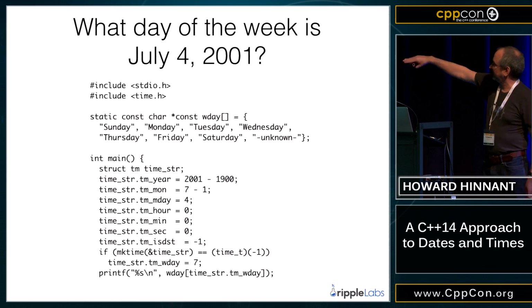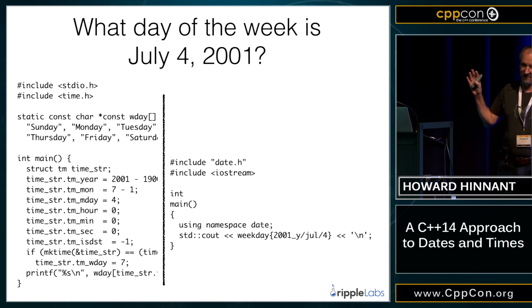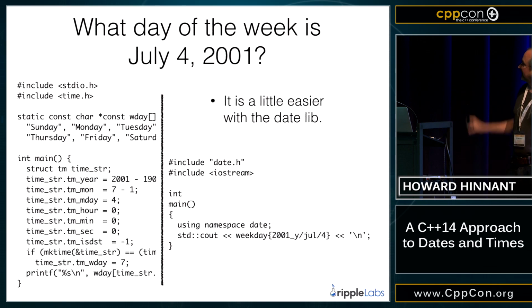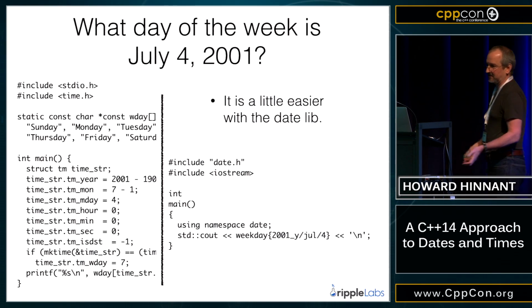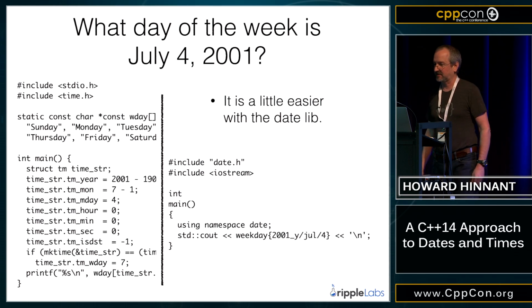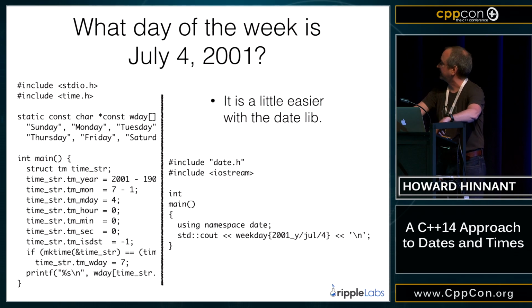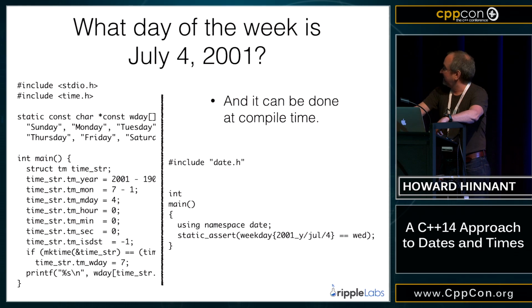I'm not going to review all this code because you guys already know C, right? It's a little bit easier with this library. You use the operator syntax, you construct a weekday, you print it out, boom, you're done. It's practically a one-liner if you don't count the using declaration and the includes. And if you want to show off, yeah, all my inputs are compile time. You can do it at compile time.